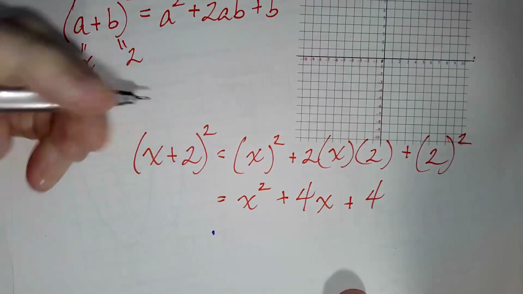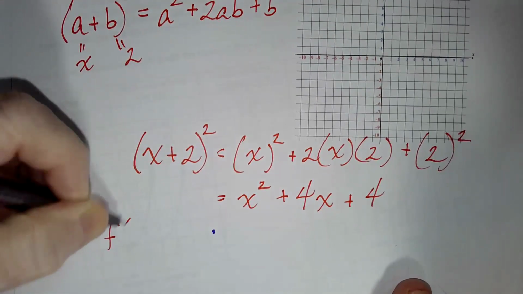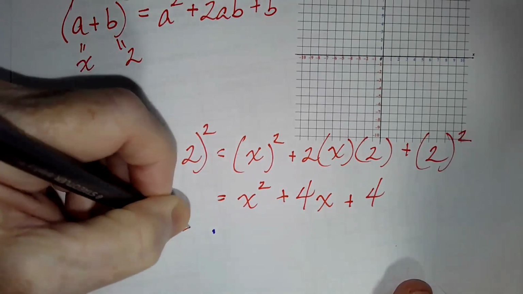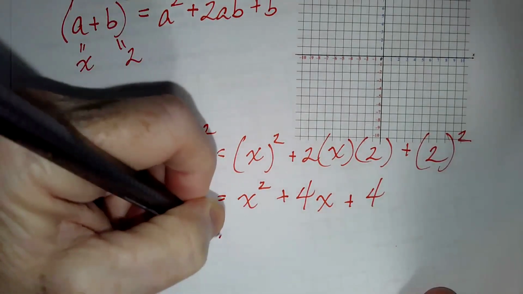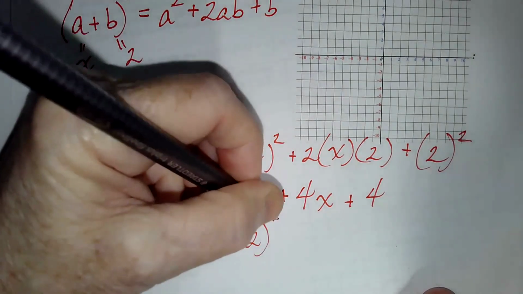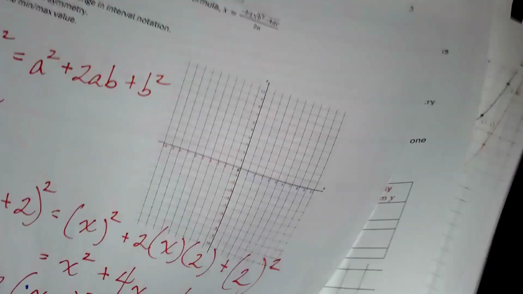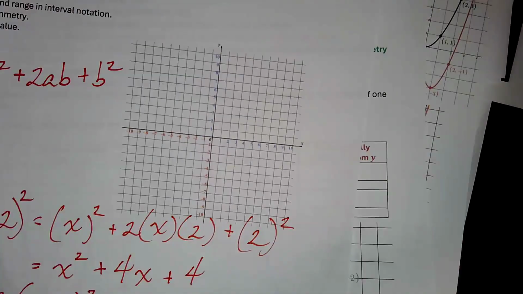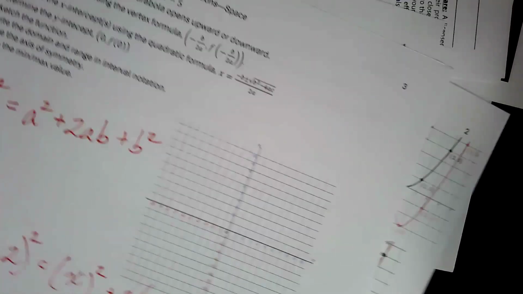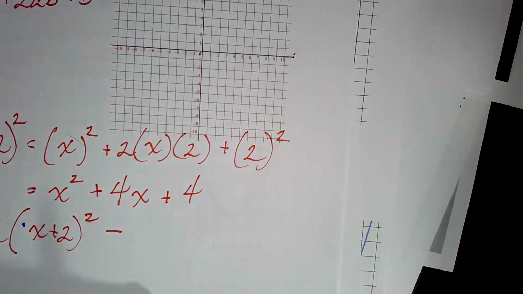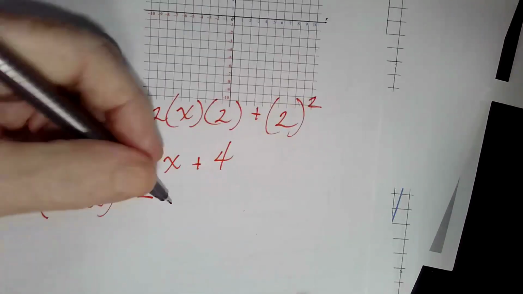That's part of what we needed, but not the whole thing. We said that f of x was 2 times that, minus 3.